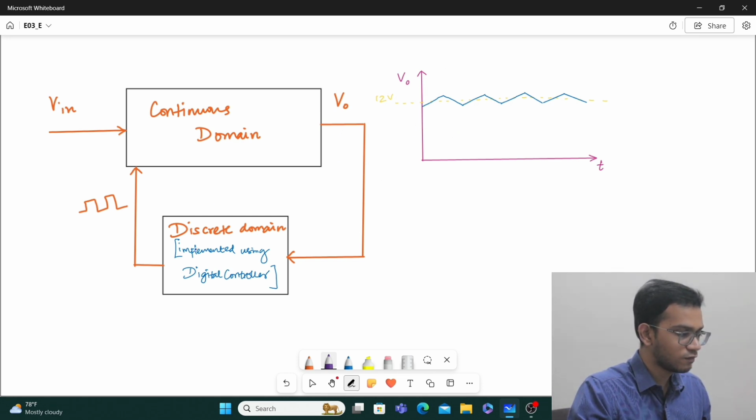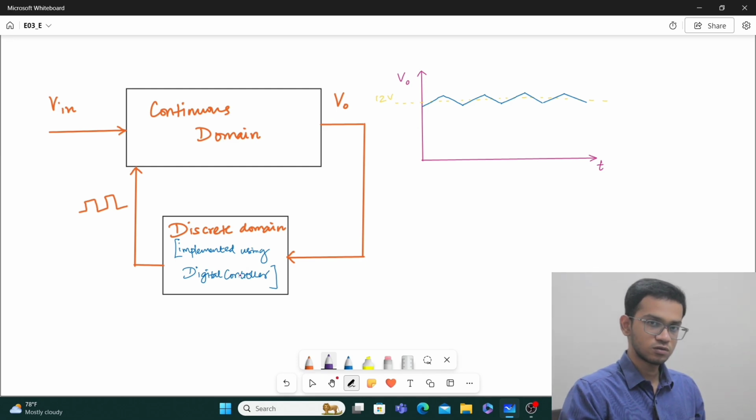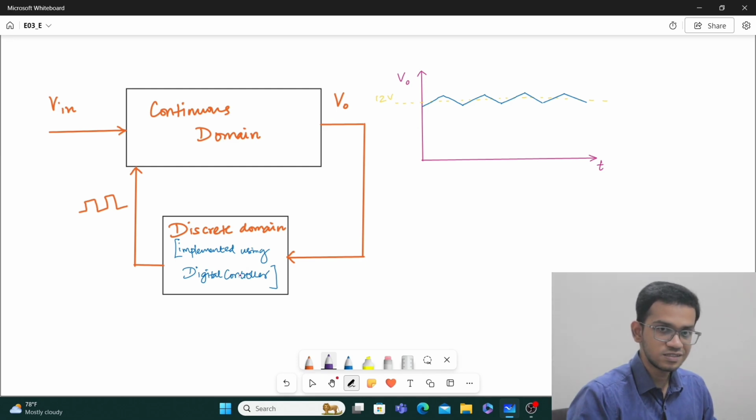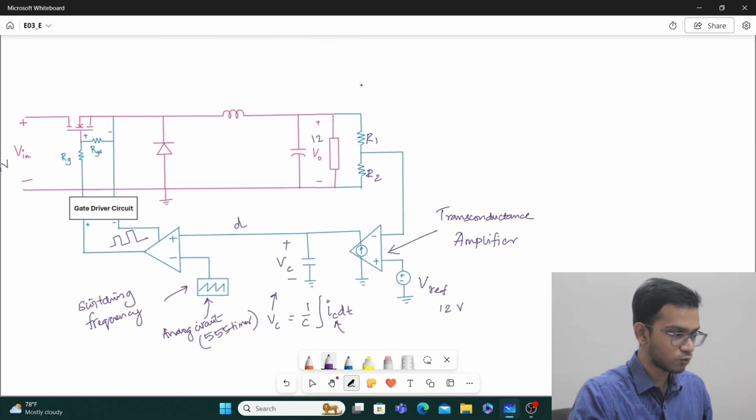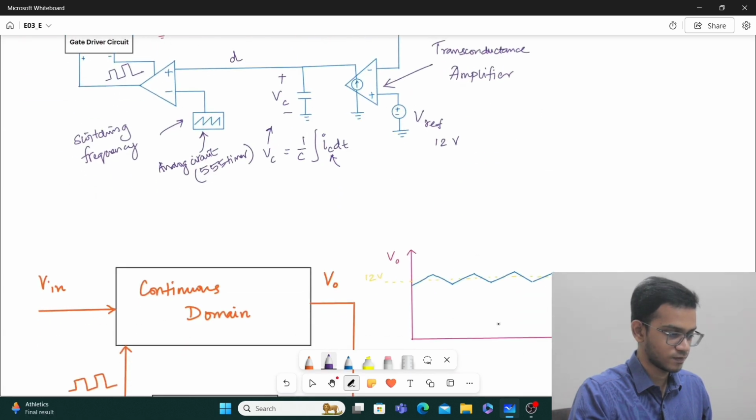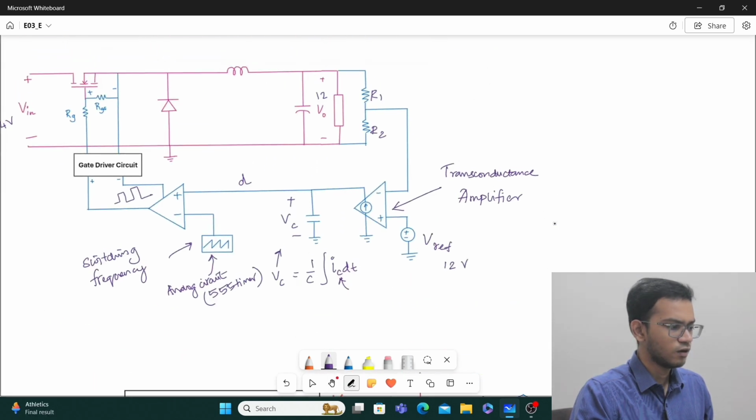When we intend to control this system by a discrete time domain controller, we do not take this entire wave as feedback. If you look at the analog controller, whatever voltage is coming here, this V0 waveform, just exactly equal to this whole waveform will be transferred here.